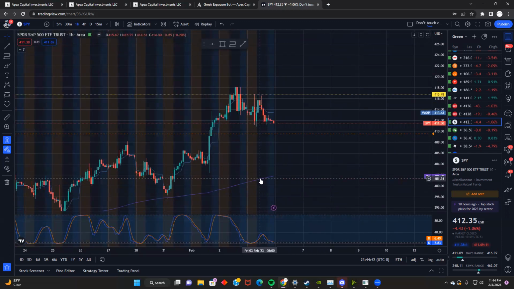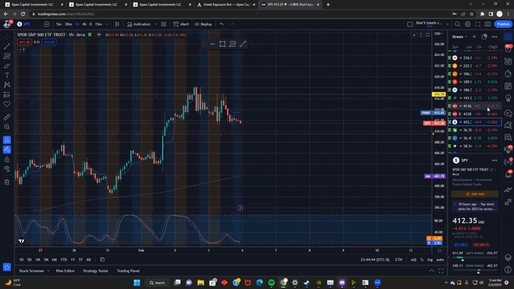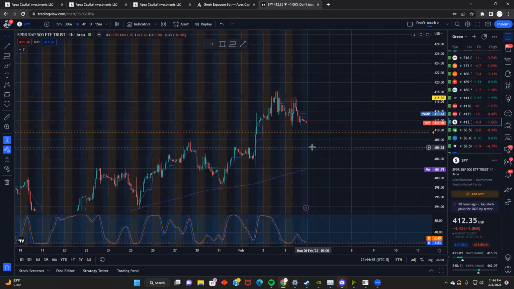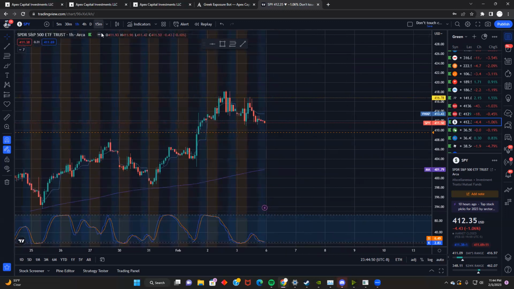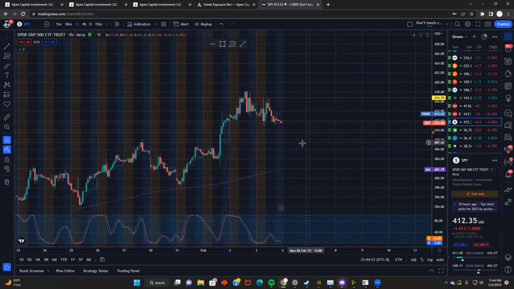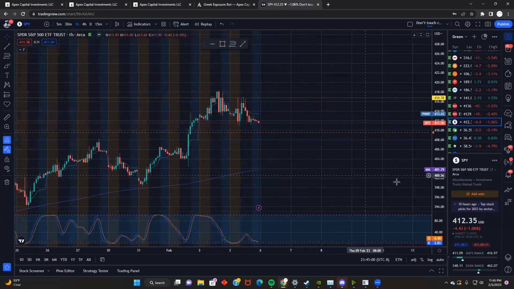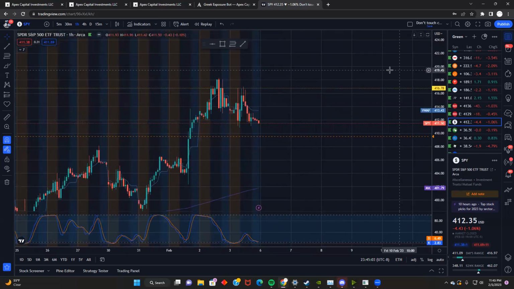You could use this on any ticker. You can use this also on Forex, the crypto markets if you really wanted to. But I'm just going to show you guys how I could use this on the SPY and the rules to it. It's a very simple method, very simple layout as well, and it's not too complicated.